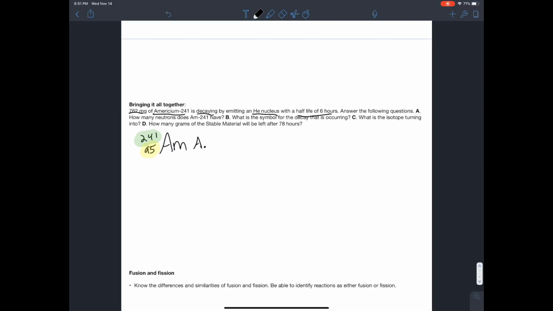So the answer to A is 146 neutrons. That's how many neutrons are in this isotope.